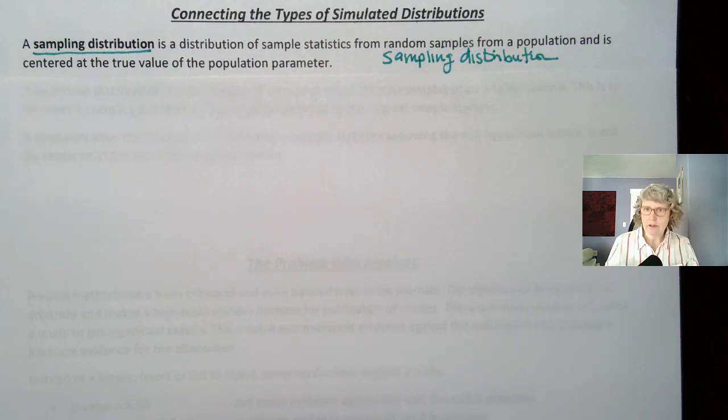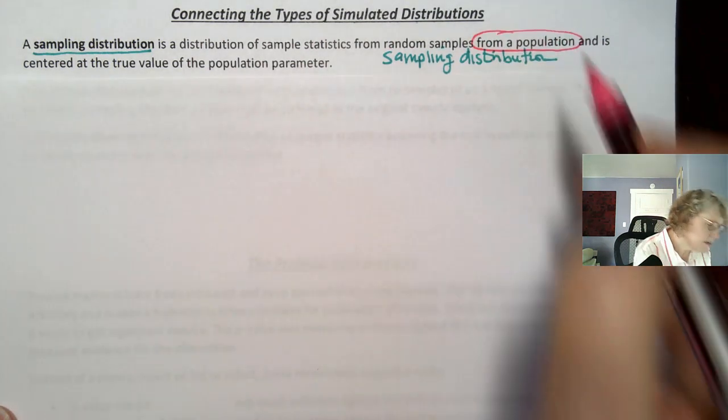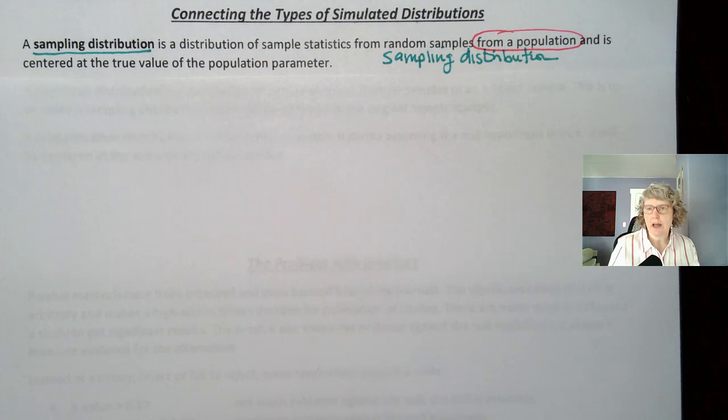So we calculate repeated random samples from a population, calculate a statistic, and we graph that on a dot plot. A key word here is it's from a population. We're taking random samples from a population, we're calculating a statistic, a mean or a proportion, and then we are graphing it on our graph. So it looks like a dot plot or histogram.